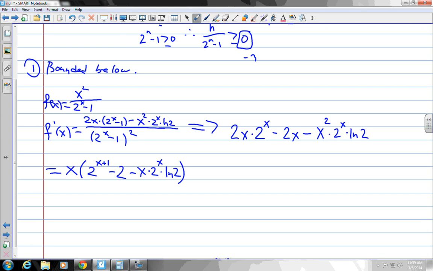Why is this thing negative? Because all it is, it's 2 times 2 to the x, and this is x times 2 to the x. So when x is 2, this is already greater than that, so you're going to get a negative minus another 2.